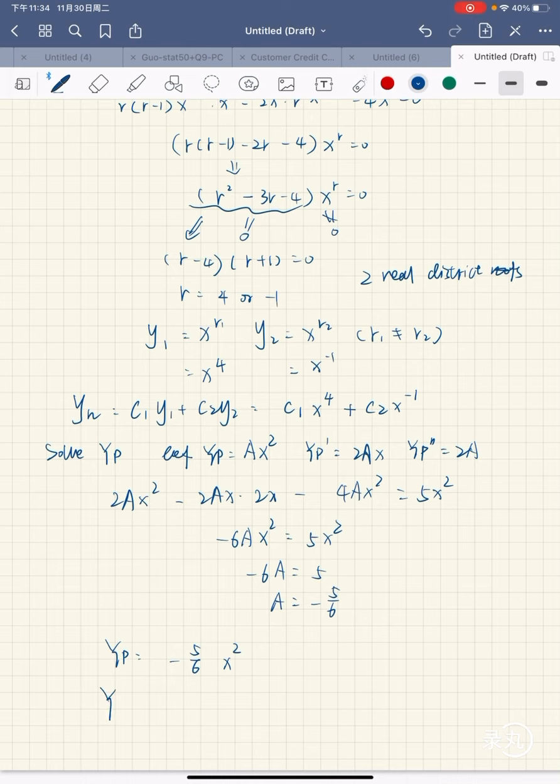So y will be y homogeneous plus y particular, that is c1 x to the power of 4 plus c2 x to the power of minus 1 minus 5 over 6 x squared. So this will be the final answer.